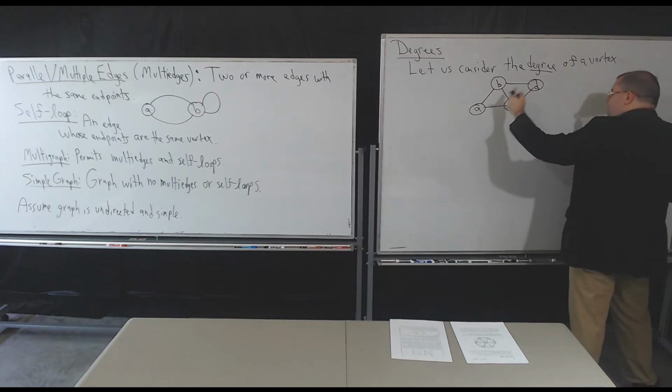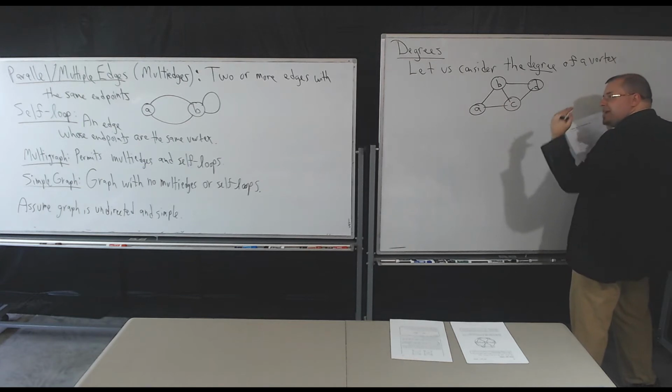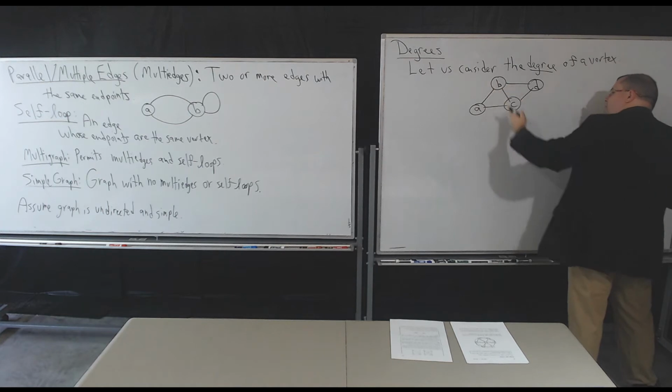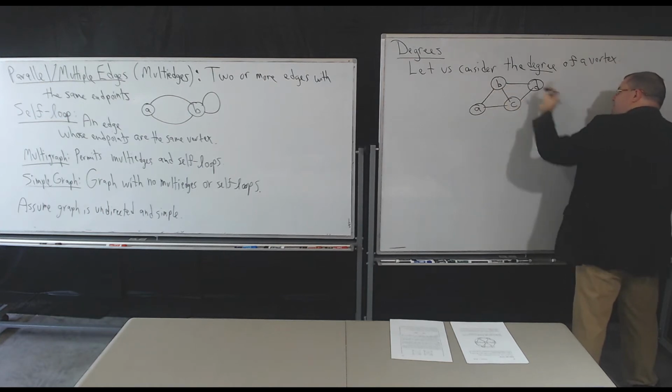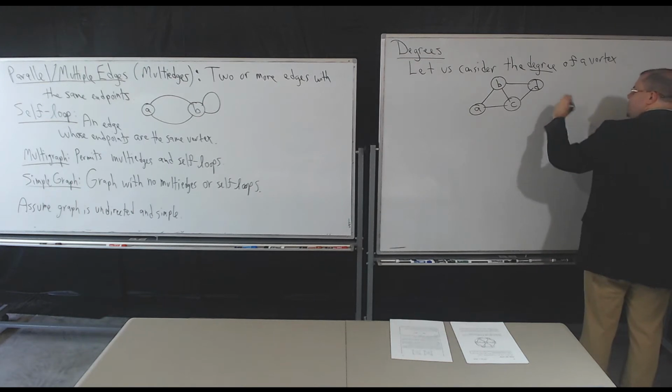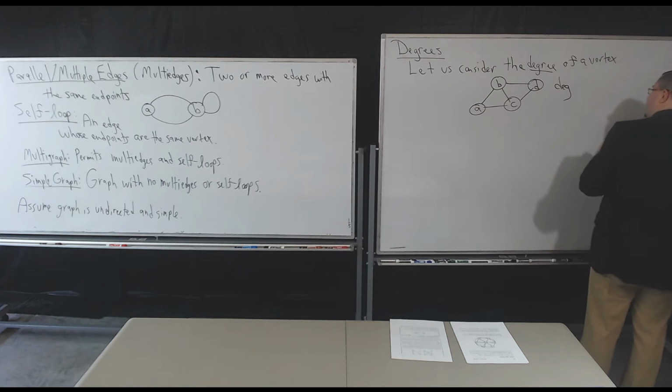So all I'm asking about is how many edges are incident on A, or incident on B, or incident on C, or incident on D. So how many are on A? I'm going to denote the degree using a function-like notation. I'll call it deg, like this.